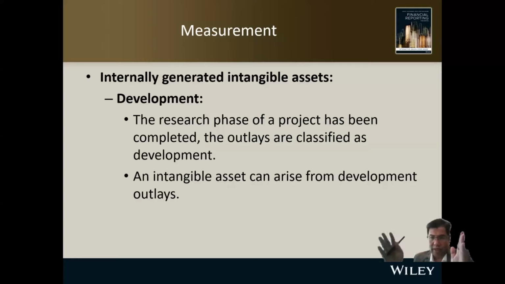So when you start your development activities, that is where you should capitalize all that expenditure: the labor, the scientists, the material, yeah, even the electricity bill, whatever. All costs can be capitalized as development costs. Development costs can be recognized as assets.